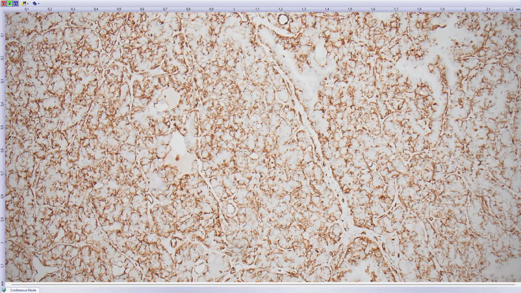So you can see that the tumor is diffusely positive. PAX8 was positive. The pancytokeratin was positive in a diffuse strong fashion. And the tumor was completely negative for melan A, HMB45, CK20, TFE3, ALK immuno. CK7 was focally positive.